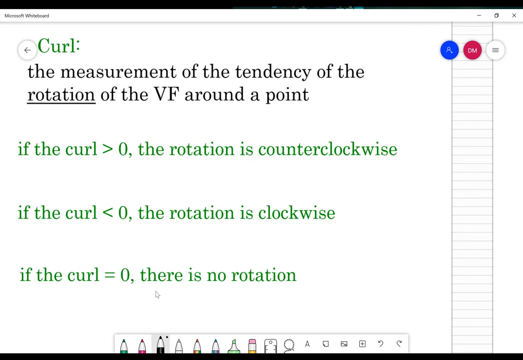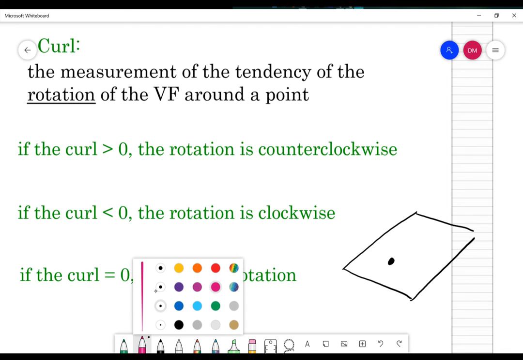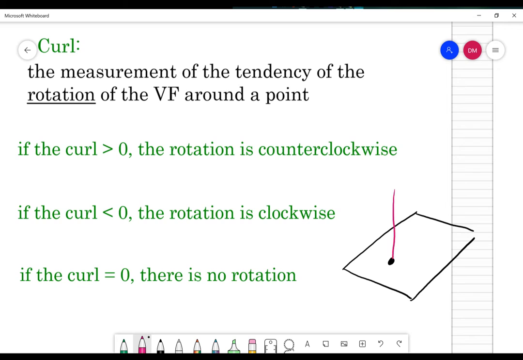So one way that I always describe the idea of curl, again, I'm standing at some point in my region R. Here's the point right here. And I could think of myself standing there, or I could think of something like a paddle wheel. If you can picture a paddle wheel, it's like when you have water-generated energy and they have these paddles in the water.